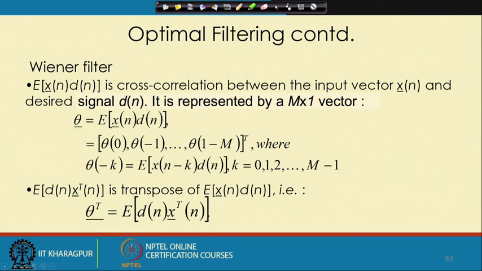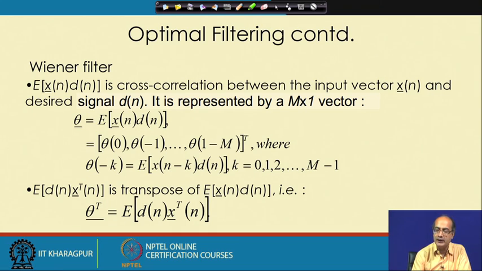This is a cross product between the input vector x n and the desired signal d n. Okay. Now, we get the cross correlation between the two signals, and we represent that by this term theta.